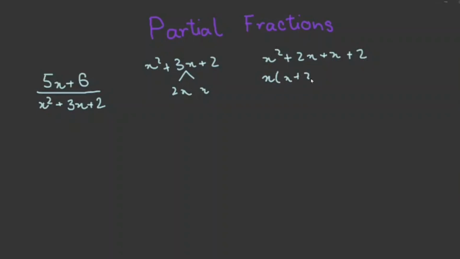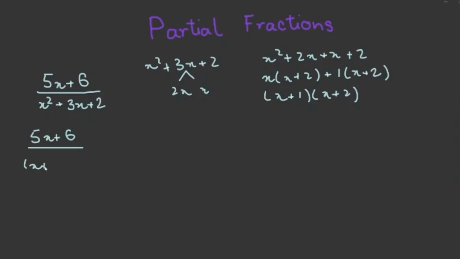We get x plus 2, and here we take 1 common and we get x plus 2. So we can simplify this into x plus 1 and x plus 2. Now we can replace this denominator with this value we have calculated. So we can write this as x plus 1 and x plus 2.